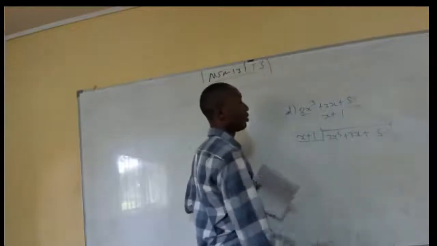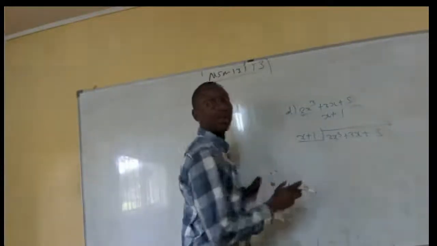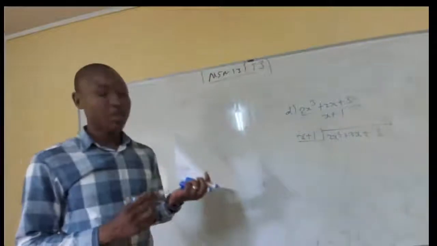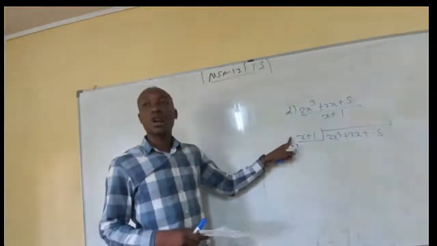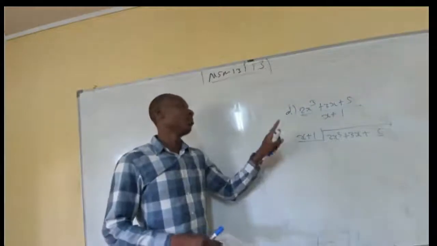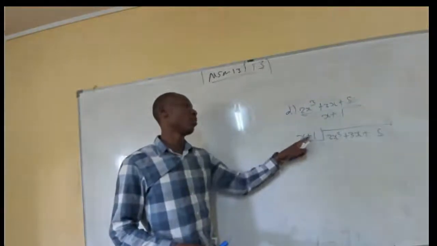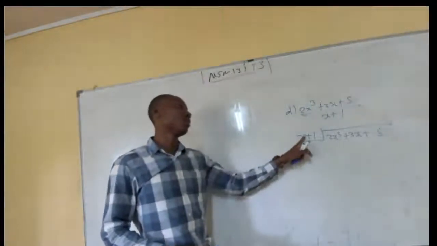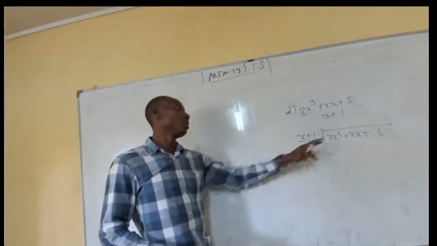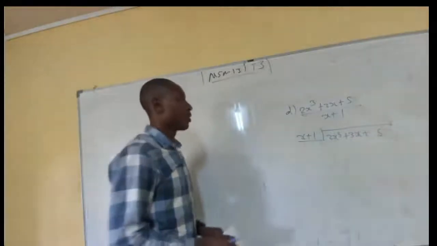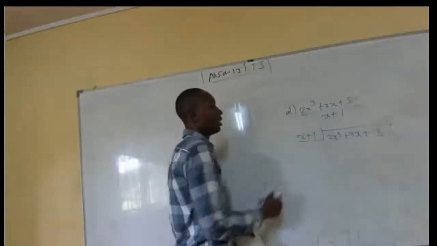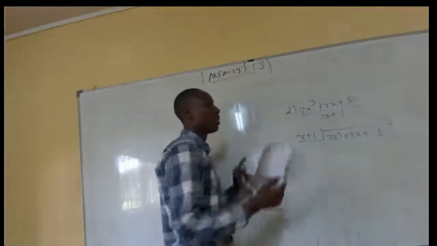Whenever you are using the long division method, you have to remember that you can only divide the variable, but in multiplication you multiply the whole thing with the whole divisor. So dividend, divisor, then we'll have the quotient there. The variable here is x, the one on the far left.